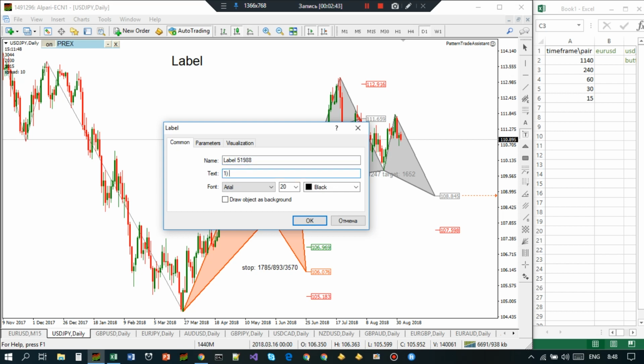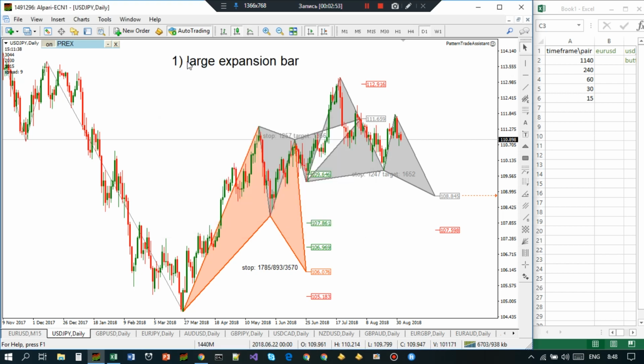The first warning sign is a large expansion bar. The large expansion bar is the bar that has a range twice greater than the average range of other bars, and the period of the average range should be 30.